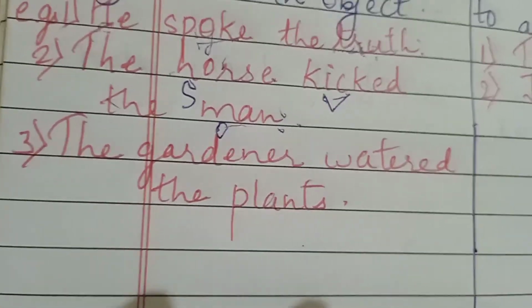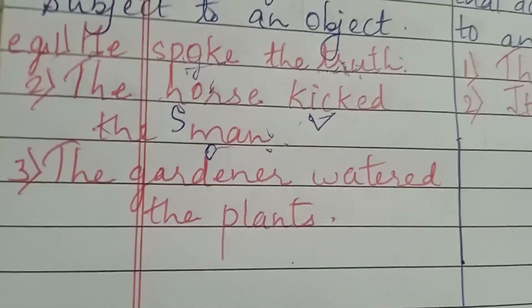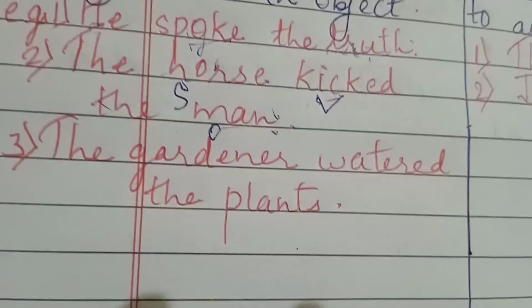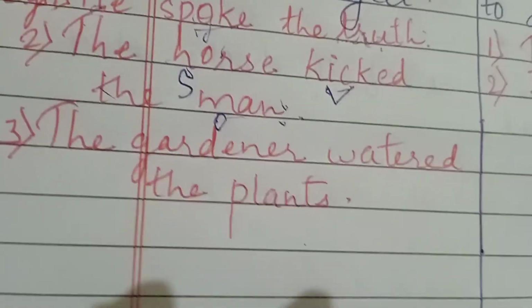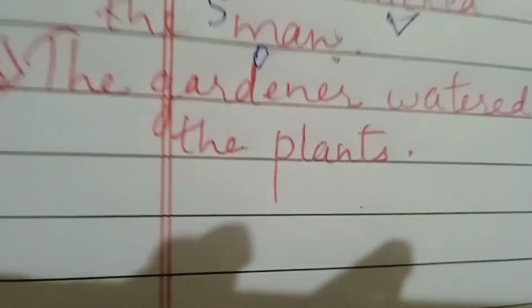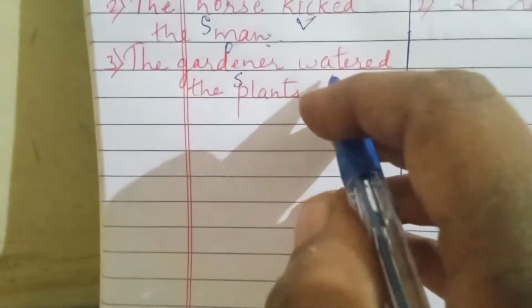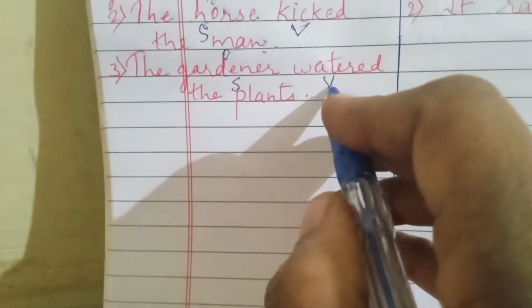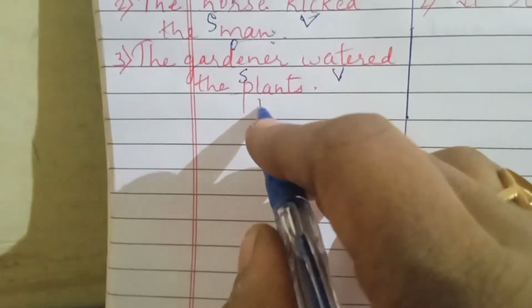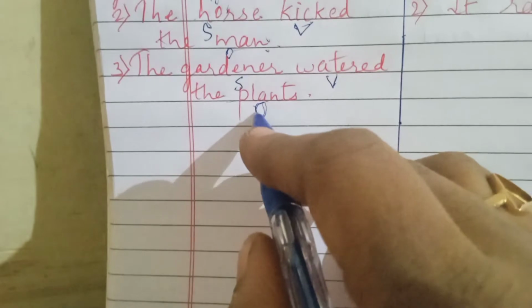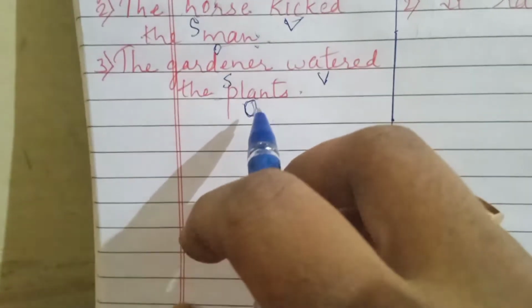I have already made myself clear in my previous video. The gardener is the subject. Let us write subject. Gardener is the subject, S. Watered is the verb and plants is an object.